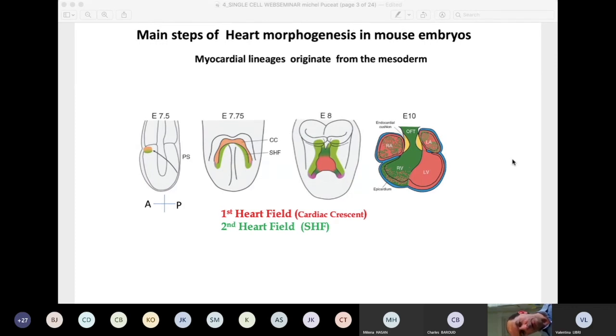They migrate dorsally in the embryo and form the second heart field in green on the picture. These cells are much more proliferative, and they give rise to all the other parts of the heart: the right ventricle, the outflow tract, and part of the atria as well.